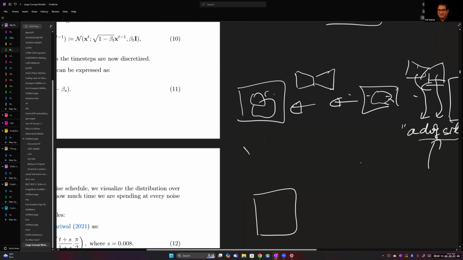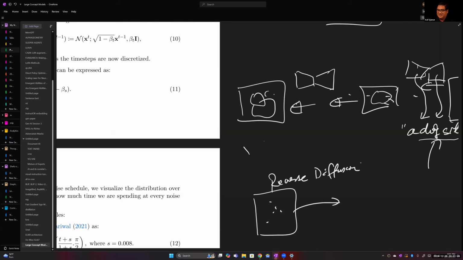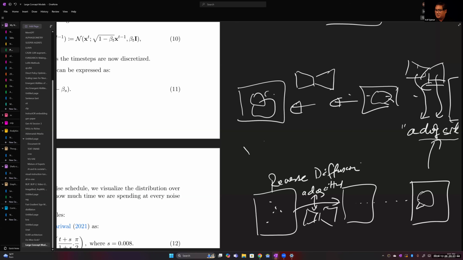So reverse diffusion would be: you start with pure noise, but because you keep saying a dog sitting, and this thing is continually paying attention to this, dog sitting, it will go through the steps of gradually, ultimately ending up with some form of a dog sitting.